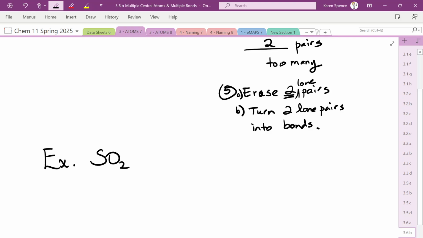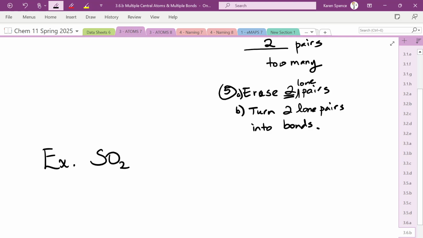No, okay, this we're going to do together. Now what we're going to do is, because we erased it from here, actually we always erase them from the central atom. And that's going to fix your problem.